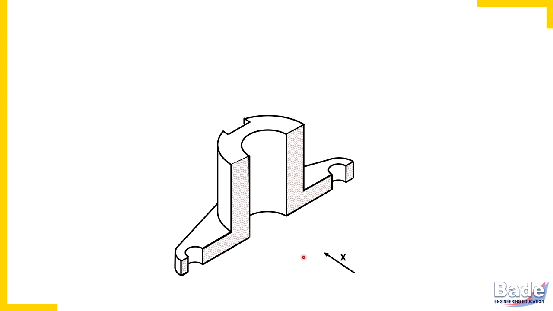The portion nearer to the observer is to be imagined removed. When you cut an object, a fresh surface gets created. That surface is a section. Some hidden details get exposed because of cutting. For example, this hole gets cut and therefore the inner surface of the hole is revealed now in the sectional view.